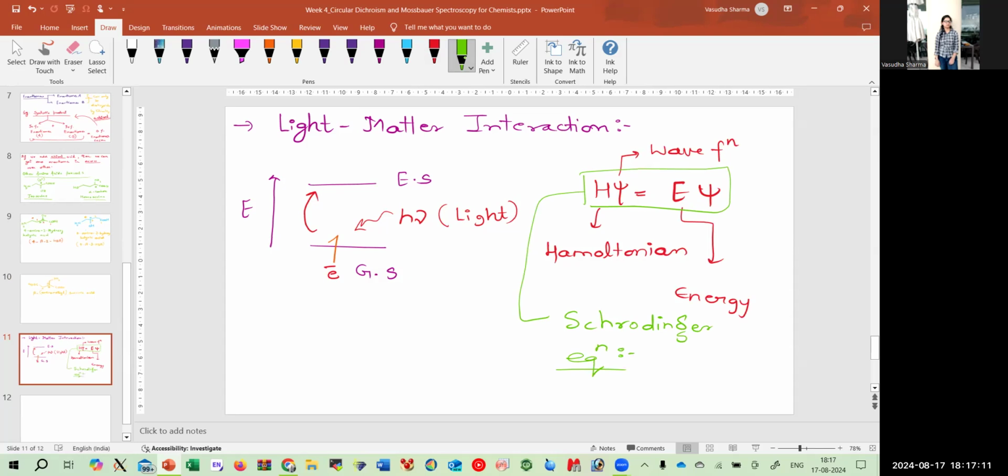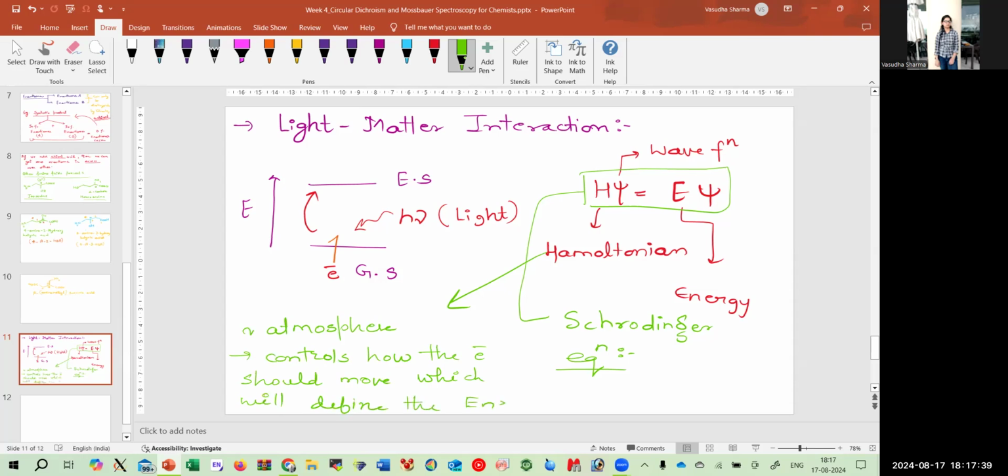Actually, the Hamiltonian, approximately, we can call an atmosphere which controls how the electron should move and therefore will define the energy of the system.